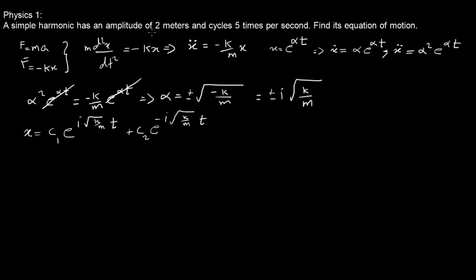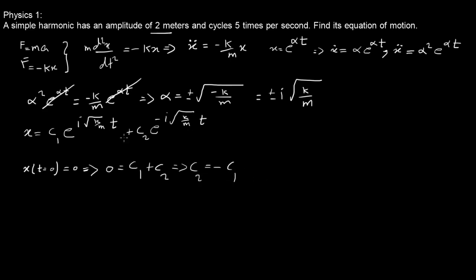I have one condition here, but the other has not been given. So let's assume that x at time 0 is equal to 0. Now if we put t equals 0 into the equation and put x equals 0, we have c1 plus c2, because at time equals 0 this is 1, this is 1, therefore c2 is minus c1.